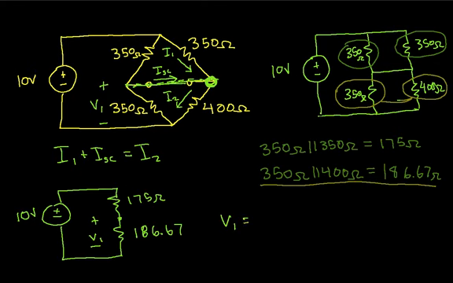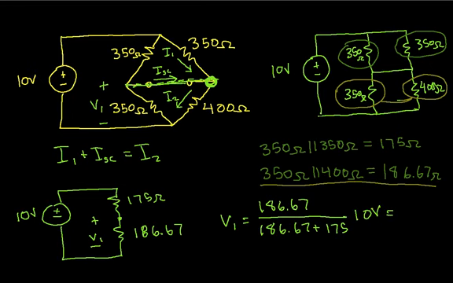So V1 will be 186.67 over 186.67 plus 175 times 10 volts, which, when I work this out, gives me that V1 is 5.161 volts.